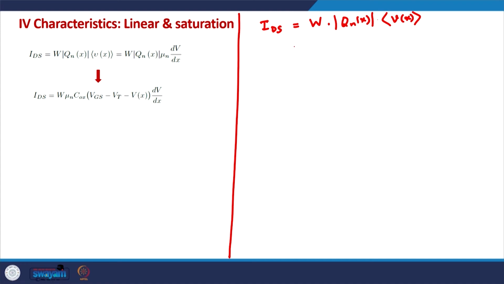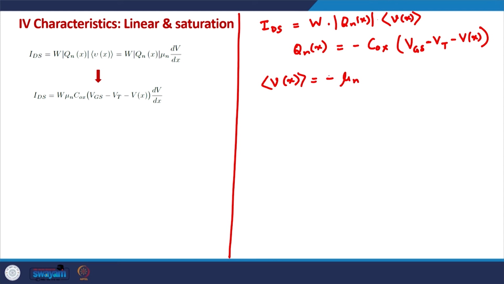Okay. So, in a very general sense, this Qn can be written as minus Cox into Vgs minus Vt minus Vx, where Vx is the voltage because of the drain voltage now. And the velocity can be written as minus mu n times electric field, and electric field is minus dV by dx. This is the gradient of the voltage in the channel.